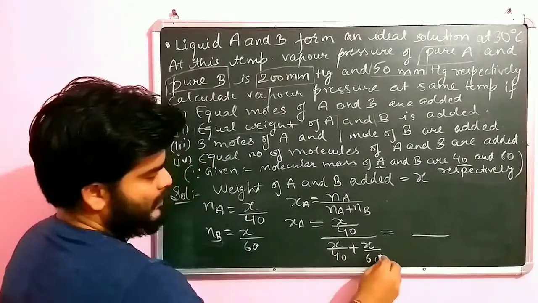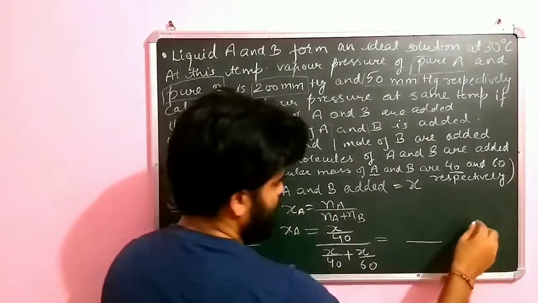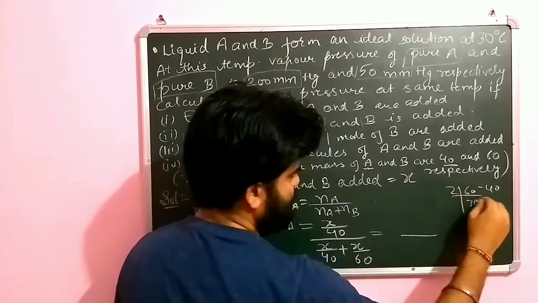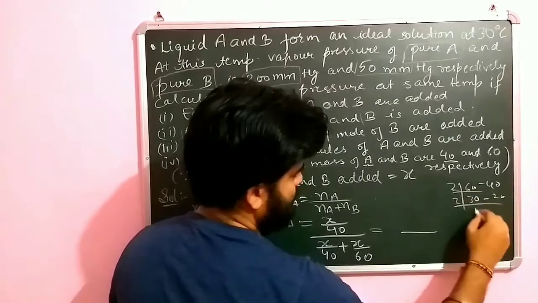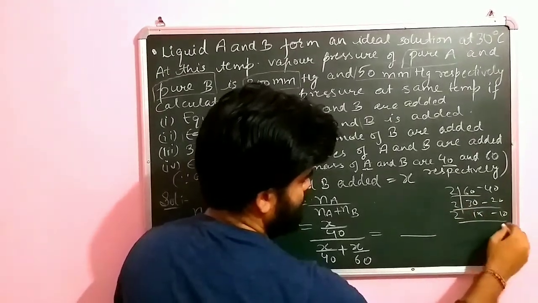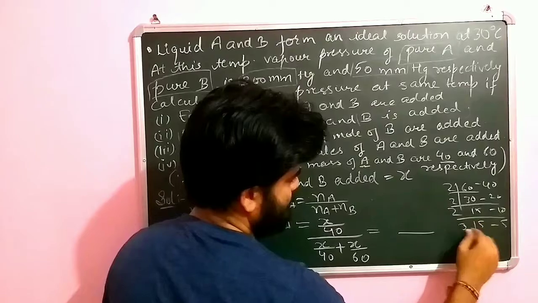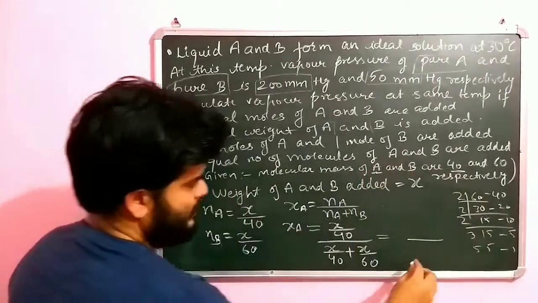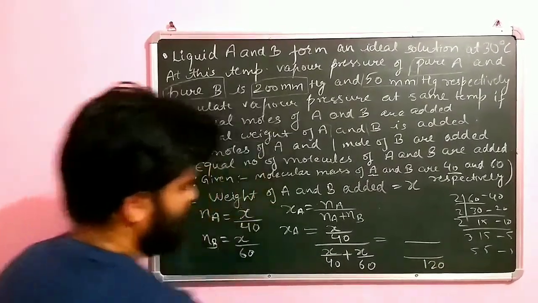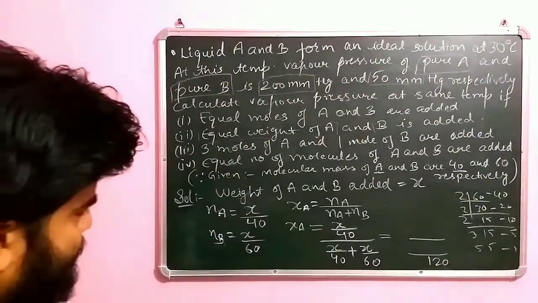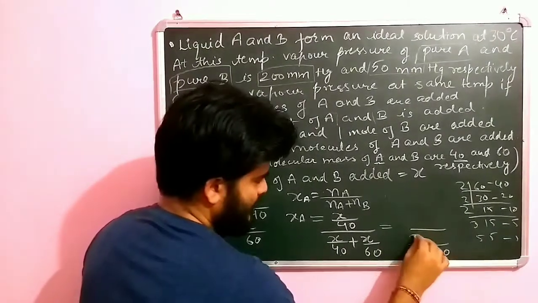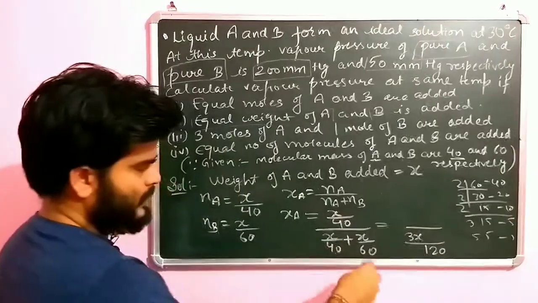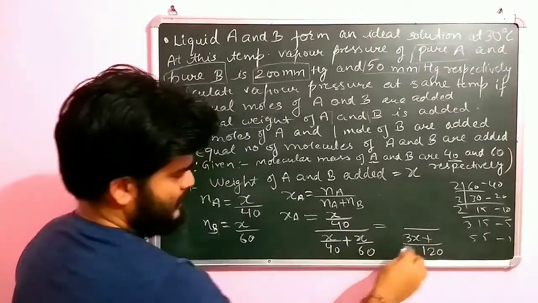Now here you will take LCM 60 and 40. Let us find out the LCM. (30, 60, 120). So LCM comes out to be 120, and this will be 3x. This is simple addition of two rational numbers, and this is 2x.